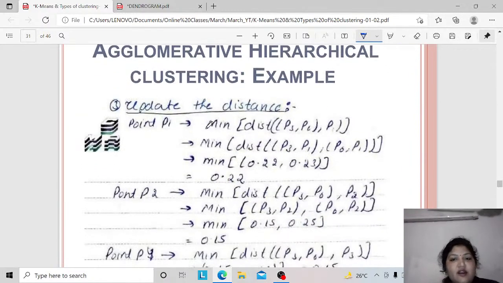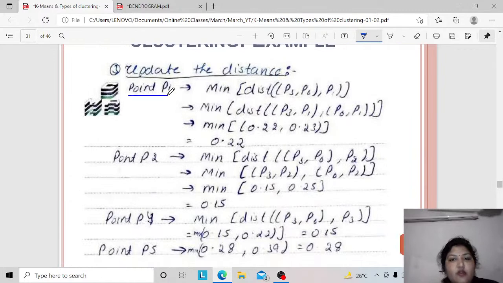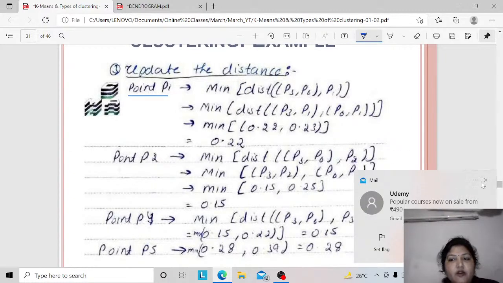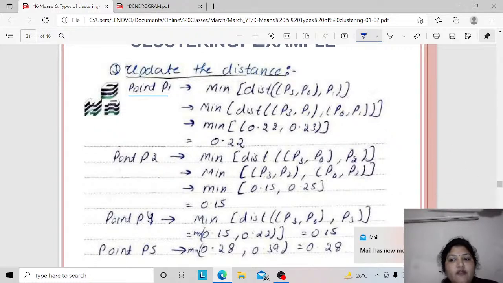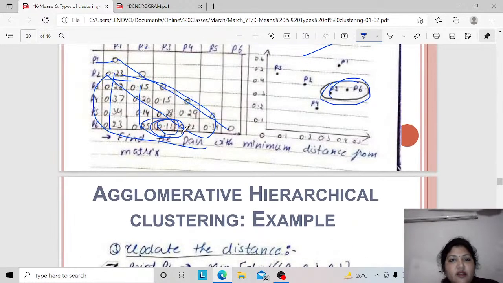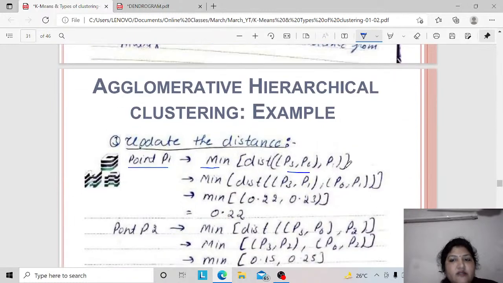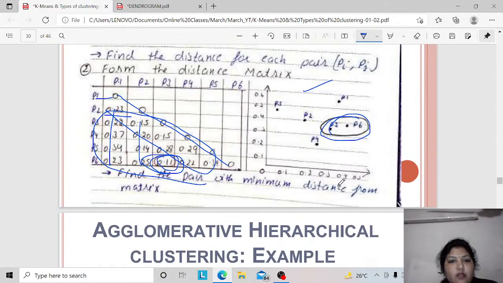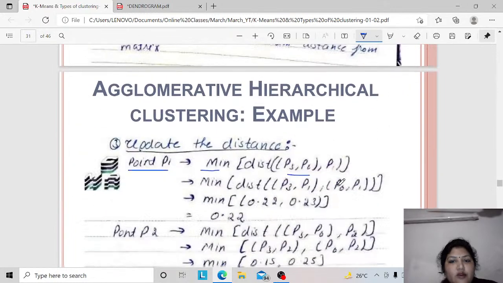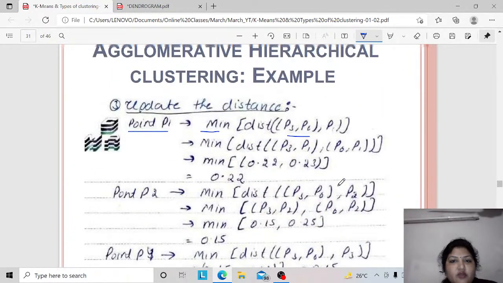Let us take another example of how you are going to update the distance. Now your distance would be like this. Here we have taken the minimum distance, the distance between P3 and P6, because we have seen P3 and P6, and then we take out the distance with P1, because again we are calculating all the distances. The same procedure will be followed.